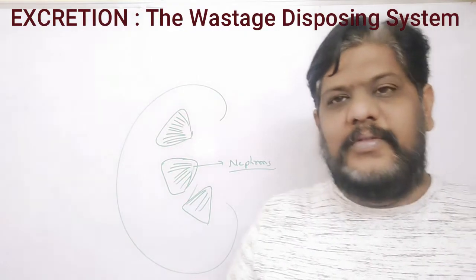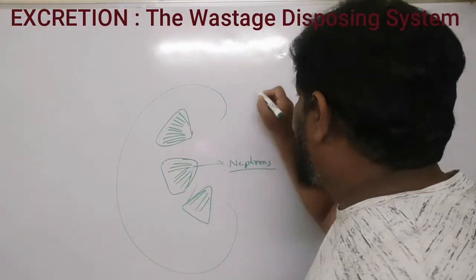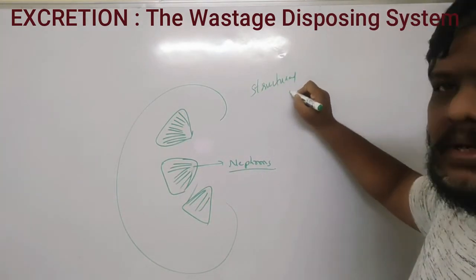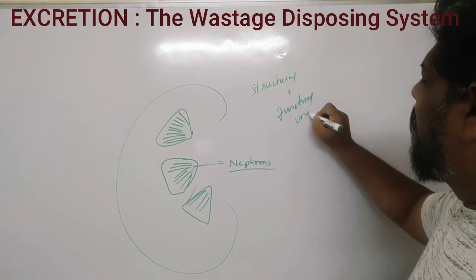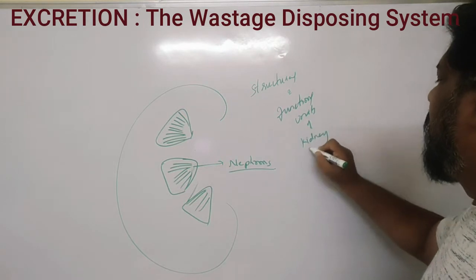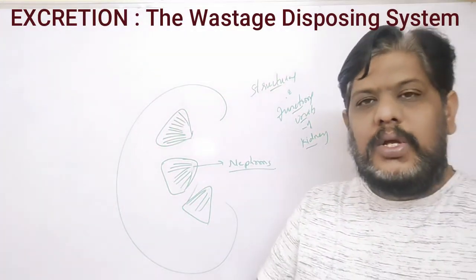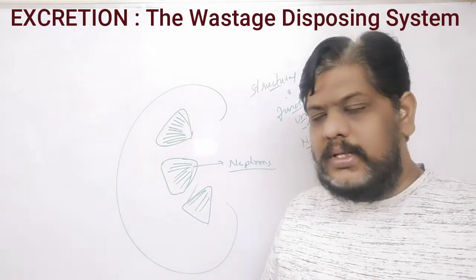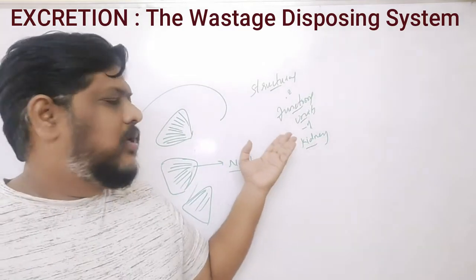Now what are these nephrons? The basic point about the nephrons is that these are the structural and functional units of the kidney. This is a very important point you have to keep in your mind. These nephrons are present in the kidney, and the second point is that they are the structural and functional units of the kidney.